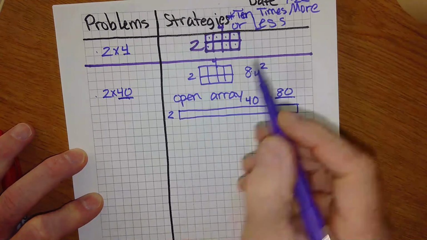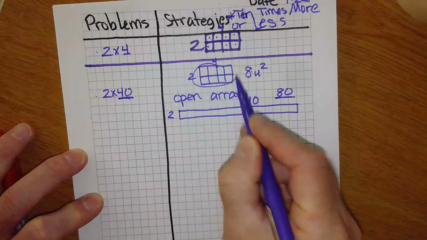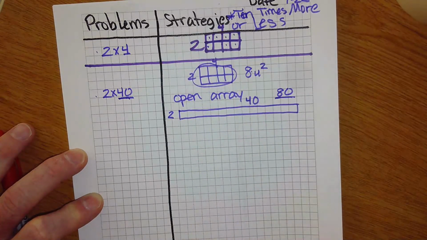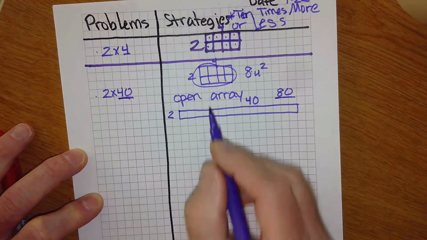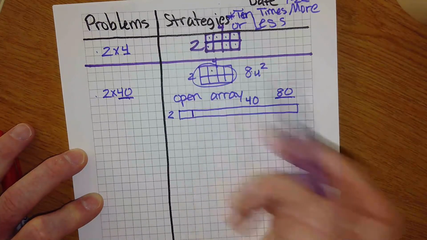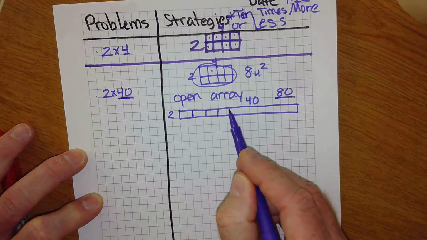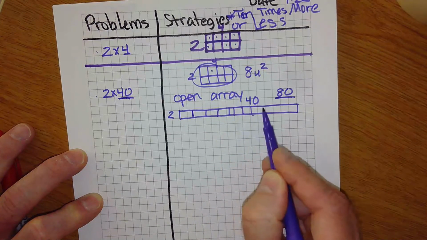How many times would this fit into this if it was a life-size array? Yeah. 10 times. So just pretend, folks, that this is one of these. There's 1, 2, 3. They're not going to be equal. 4, 5, 6, 7, 8, 9, 10.